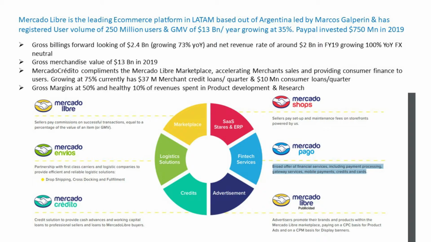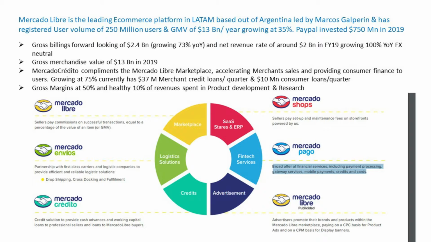The gross merchandise value is around 13 billion in 2019. That's a big number compared to the total commerce volume in LATAM. And Mercado Credito complements the Mercado Libre marketplace, accelerating merchant sales and providing consumer finance to users. This is again a fast growing area, providing lending services. That's growing at 75%, and it has around $37 million merchant credit loans per quarter, and a total of $10 million consumer loans per quarter.